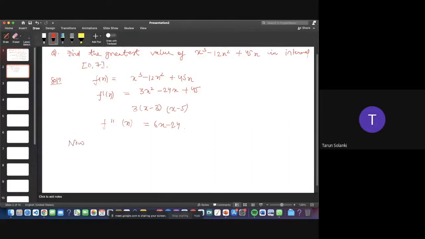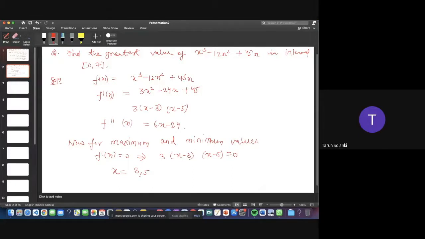So now, for maximum and minimum values, 3 times (x minus 3) and (x minus 5) equals 0. So x equals 3 and 5.